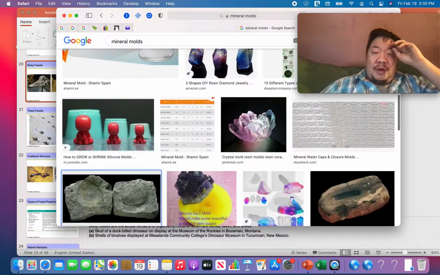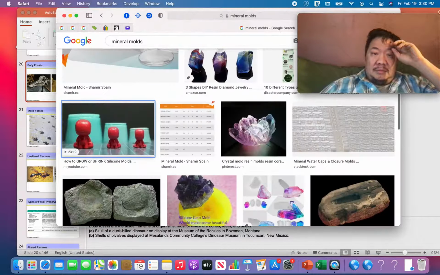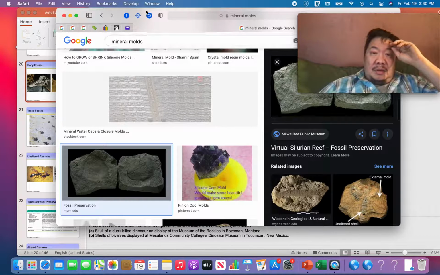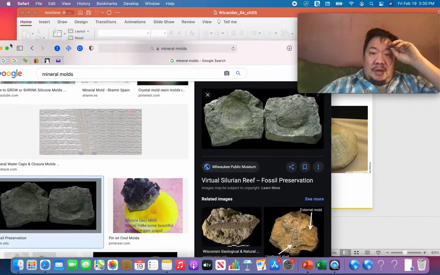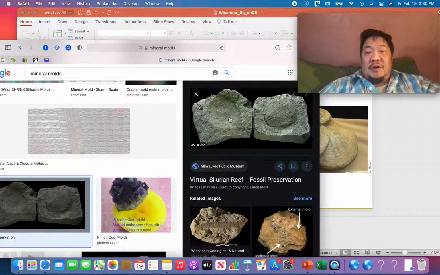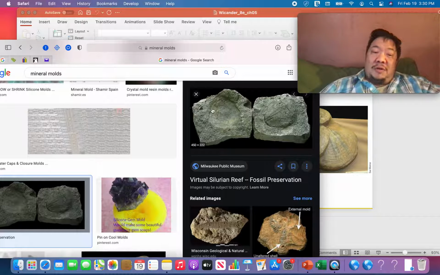You need a mold, right? Here you can see over here, if I can move this window over, this creature here is called a brachiopod, and you can see the organism has completely dissolved, leaving a mold. However, if the mold gets filled with sediments and minerals crystallize out, you can make a cast. So here's a cast of a brachiopod.